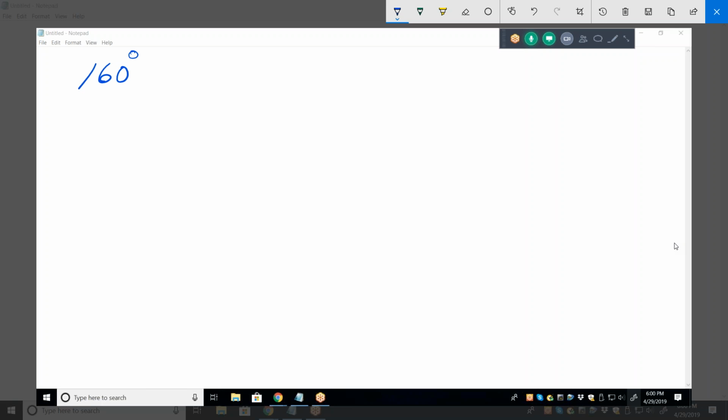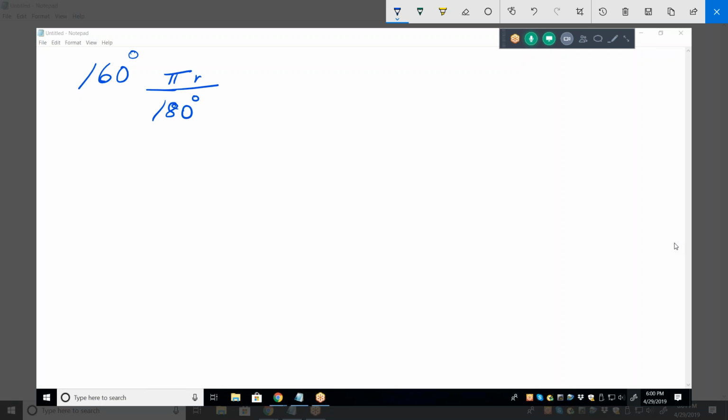Now, when you're converting one to the other, the conversion factor is pi over 180 or 180 over pi. You're converting it to change it from degrees, so the conversion factor has to have the degrees in the bottom and the pi in the top.